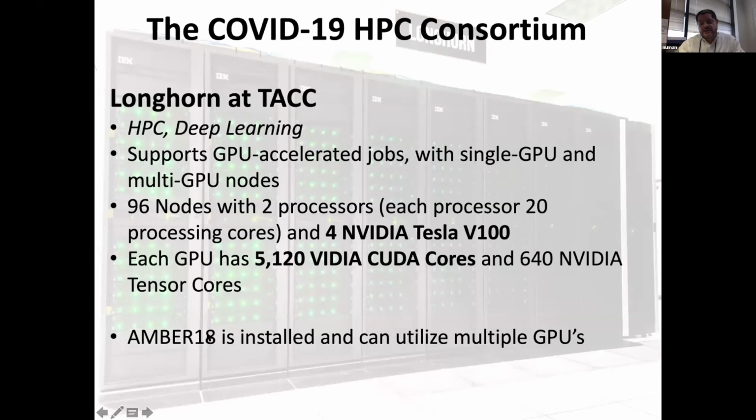Fortunately, the program that I would like to use, Amber 18, is also installed on this machine and can utilize multiple GPUs. Each GPU has 5,000 processing cores, so if I can utilize, say, 2 GPUs, I will immediately utilize about 10,000 processing cores. This is a huge advantage when it comes to the simulations.